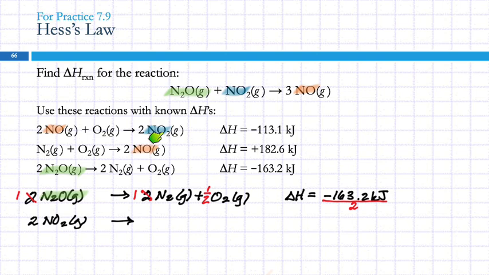That's this product becoming the reactant, and then these become the products: 2 NO and an O2. And I'm just going to follow up with highlighting those. So this is my other reactant. And then NO is over here.